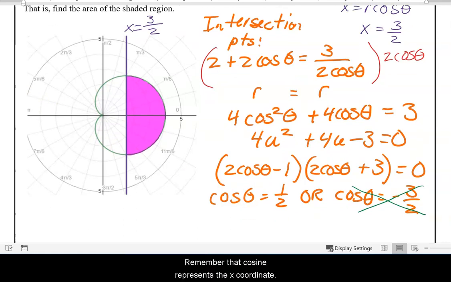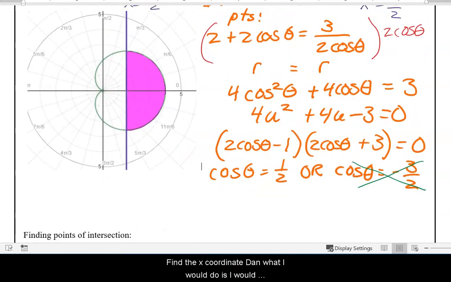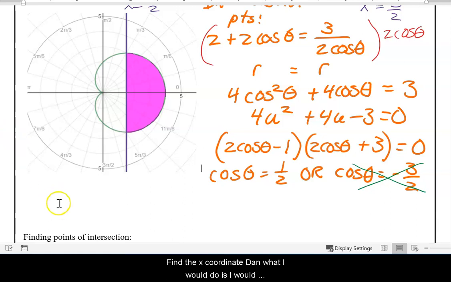Remember that cosine represents the x-coordinate. To find the x-coordinate, then what I would do is I would think about having a tall, skinny triangle. If I had a tall, skinny triangle, the short side would be 1/2 and the long side would be square root of 3/2. Since this is a positive 1/2, it can only be in quadrant 1 or 4.